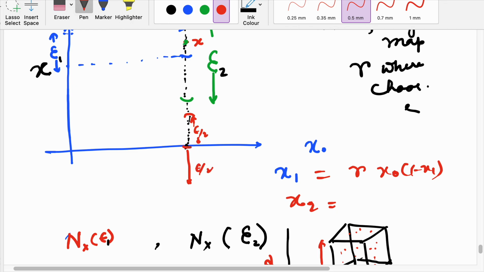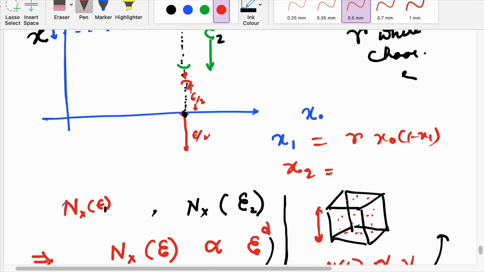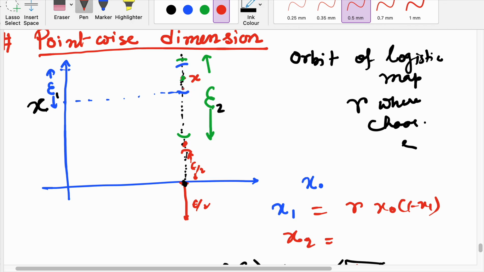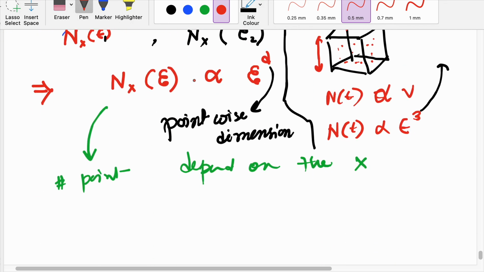But if this is the point 0, there will be 0 points on one side, and only epsilon by 2 length is there. So around this point 0 there will be fewer points than if I consider the center here. So that's why it depends on the point which I am taking as the center, called x.